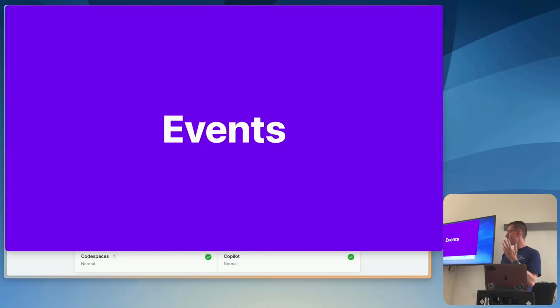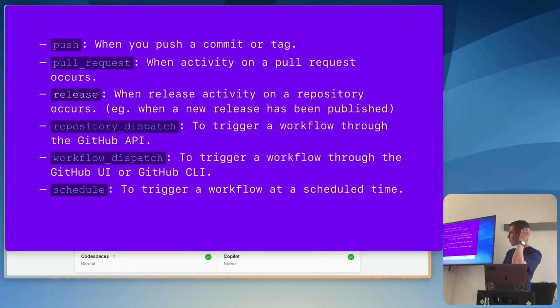Workflows, as I mentioned, are triggered by listening to an event that happened within GitHub or can even be outside of GitHub. In the previous example, we used push. That's probably the most common event there is. It's emitted when you push a commit or a git tag to your repository, be it on your default branch or on your pull request. Currently, there are 36 available events to which you can subscribe your workflows, and probably the most common ones are these.